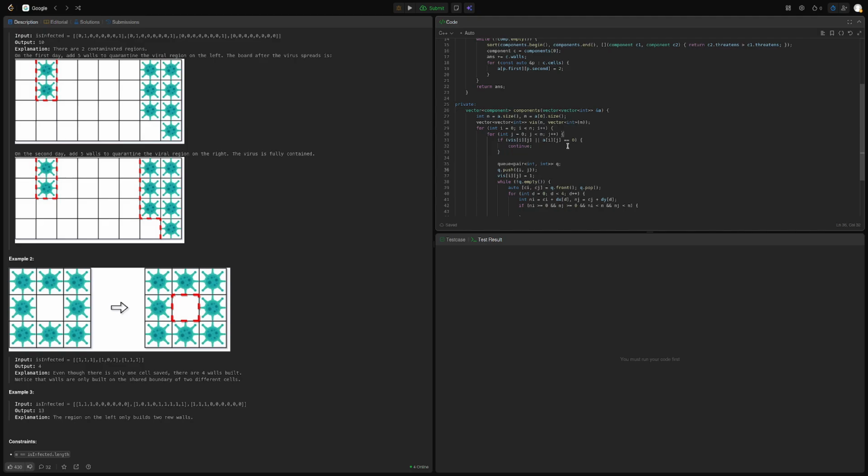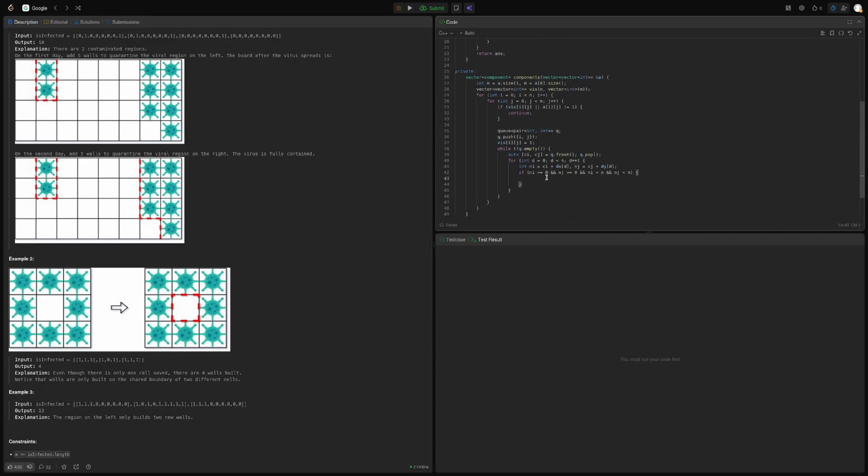If it's 1, because we are gonna mark 2 with the already enclosed one so that they don't spread. And for the current component, we want to count the number of walls also, which is also the number of positions it threatens. Not really. So walls is just the number of neighbors, but I need some sort of threatens, I guess.